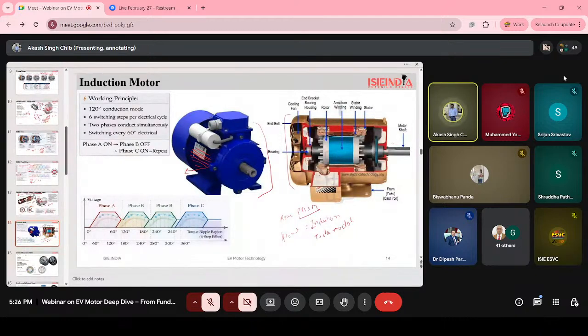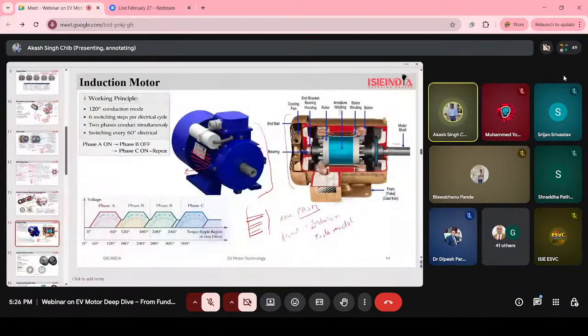Basically, these fins are designed to release the heat generated inside the motor. And you have seen engine design also. It looks like this from the outside. Those are the fins. They are basically used for heat removal. Okay. This is our induction motor.